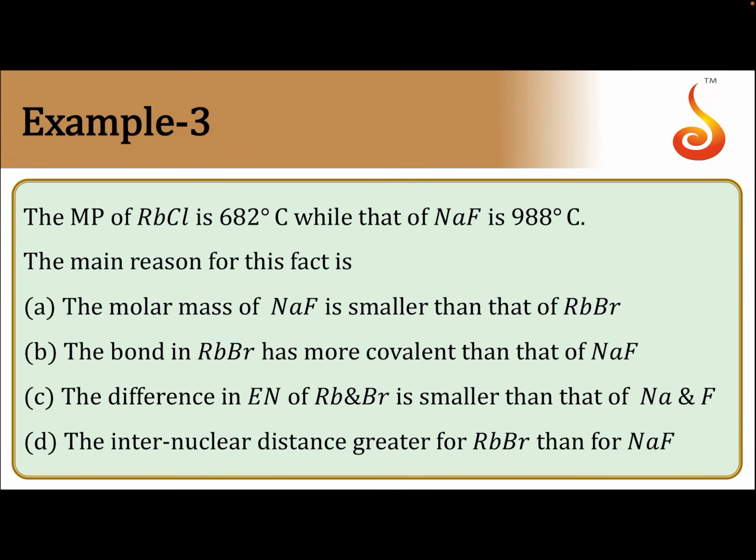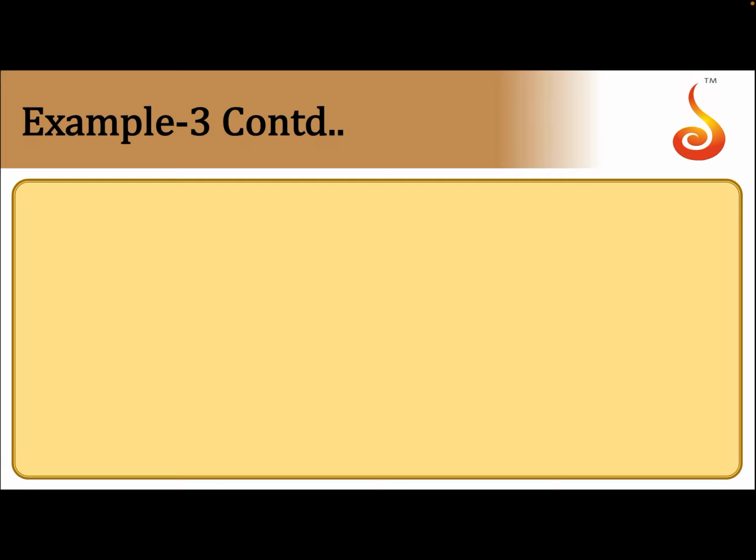The melting point of rubidium chloride is 682 degrees Celsius, while that of sodium fluoride is 988 degrees Celsius. The main reason for this is that the melting point of an ionic compound depends on the lattice enthalpy.